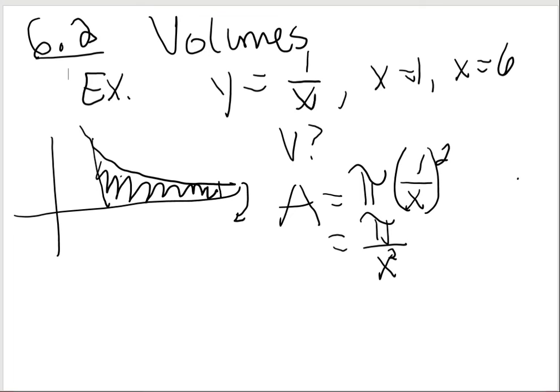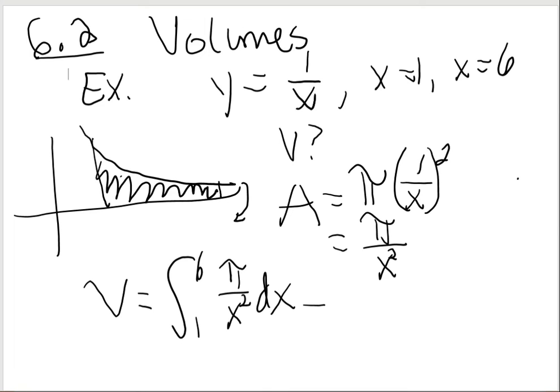So we can integrate that to get our volume: from 1 to 6 of pi over x squared dx. We use the power rule for anti-differentiation: you add 1 to the power and divide by the new power, evaluated from 1 to 6.